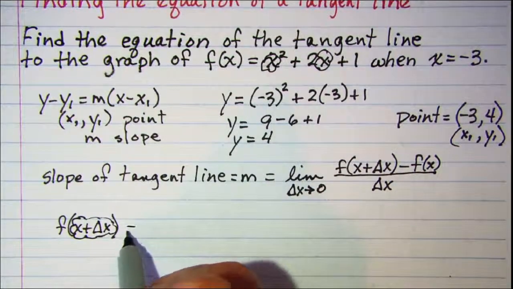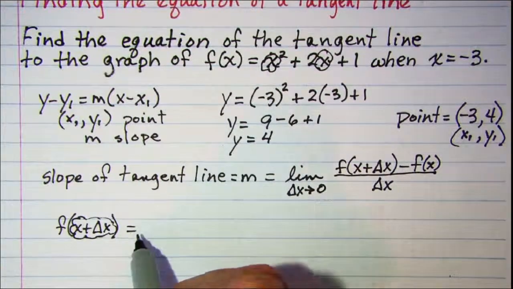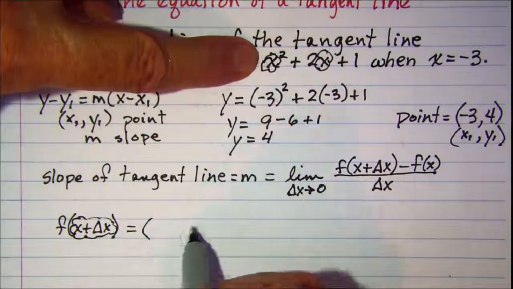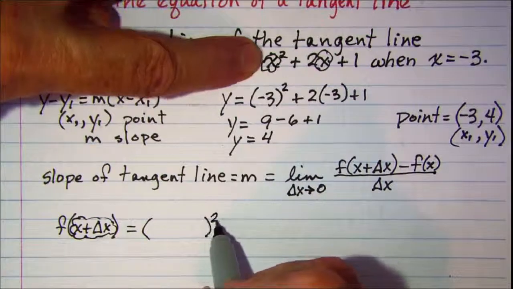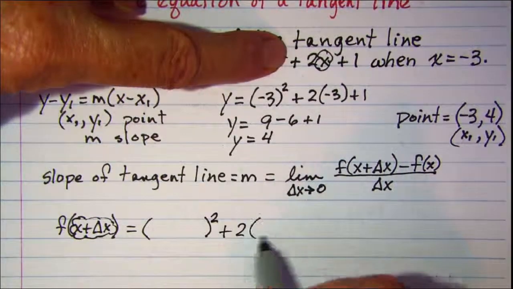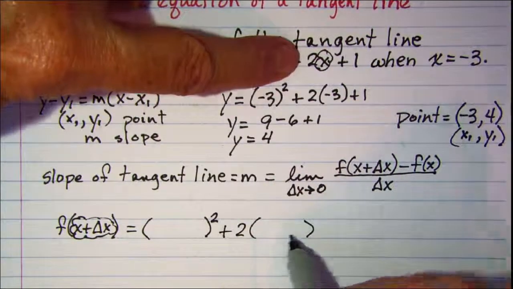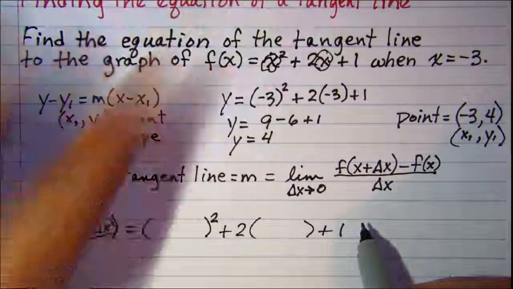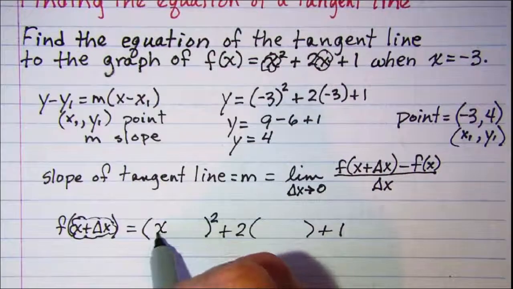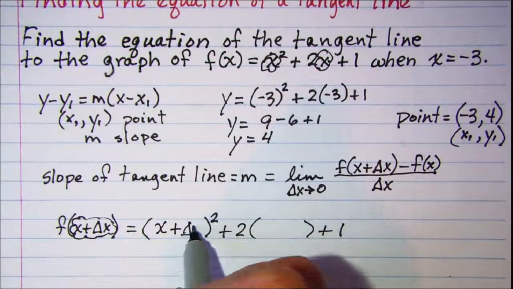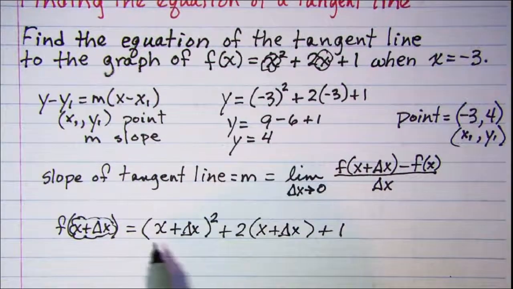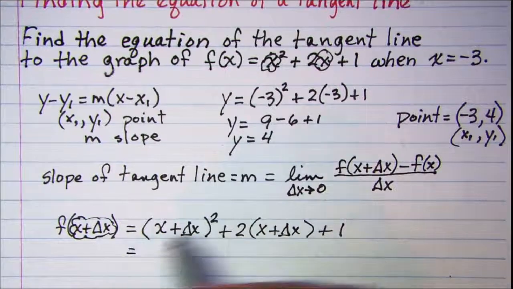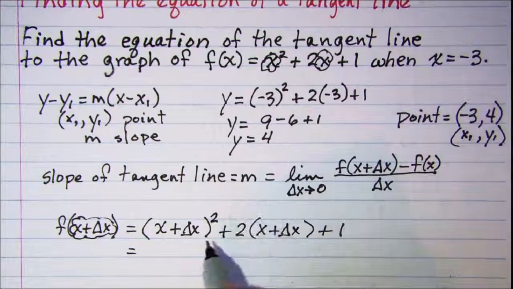So my f of x plus delta x is my expression x plus delta x squared plus 2 times x plus delta x plus 1. Let me put those in there.